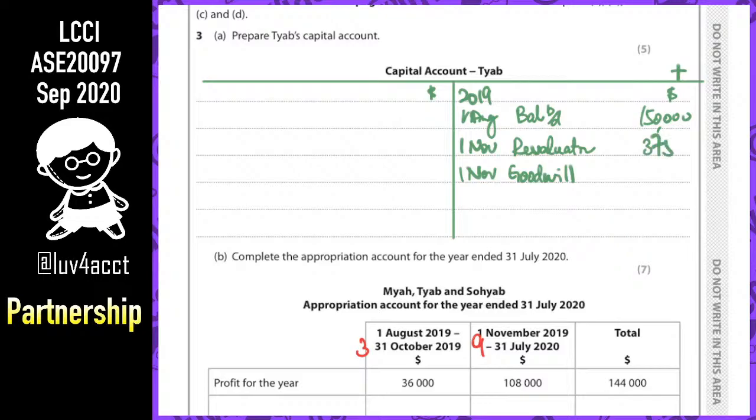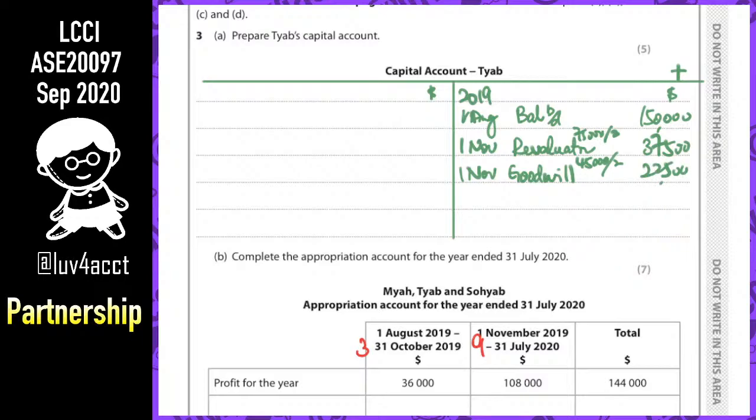So 37,500, that is 75,000 divided by 2. And also for goodwill, 45,000 divided by 2, that is 22,500.